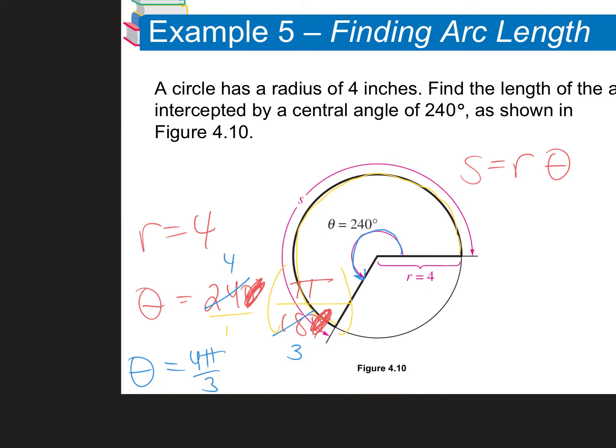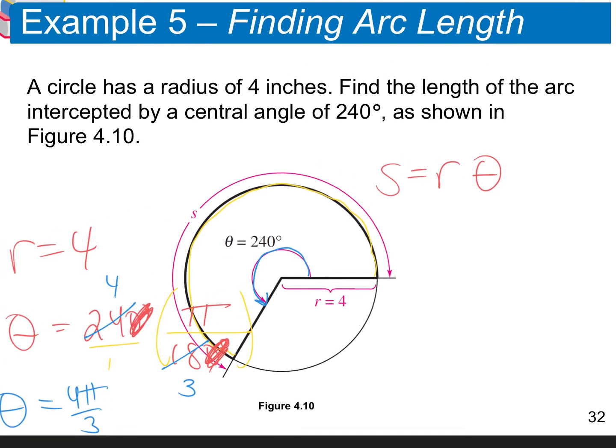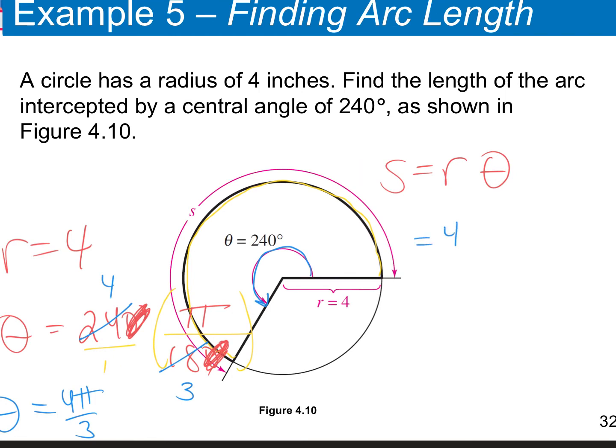Now, can you figure out the arc length really simply? Yes. You would take your radius, which is 4, times your theta, which is 4 pi over 3. Again, if you need to put a 1 underneath, no problem. If you're going to multiply fractions, how do you multiply? Straight across. What's 4 times 4?